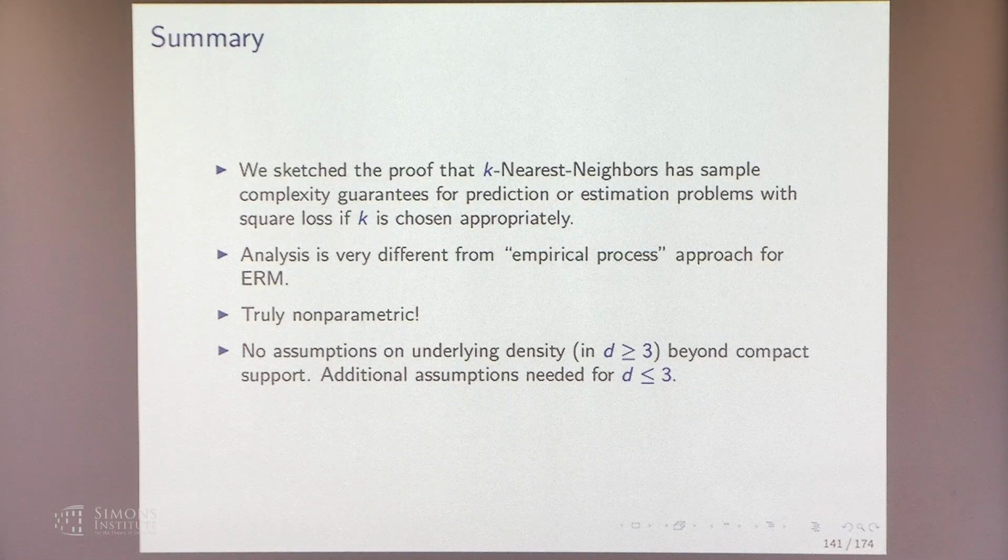It really is an analysis that's peculiar to the local nature of this sort of prediction method. So there was a compact support assumption on the x marginals, and then this Lipschitz assumption on the conditional distribution. These are the assumptions we needed to make things work for this analysis.